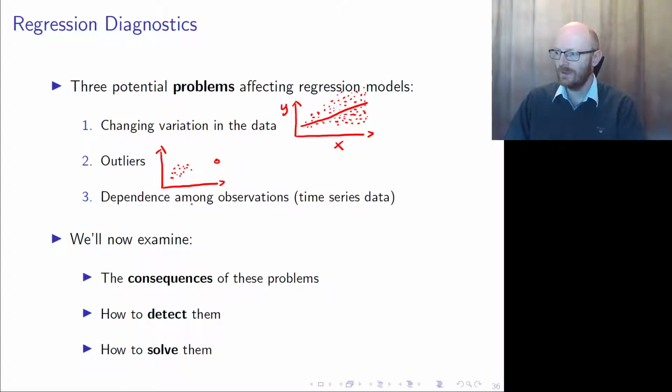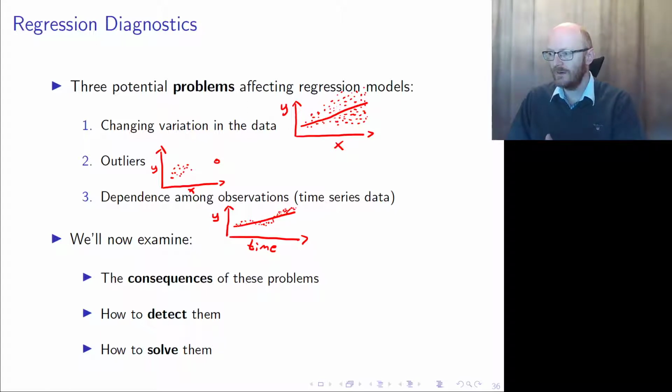And you might have dependence among observations. This is often observed in time series data. You have y and x, but on the x-axis often you have time. Maybe you fit a regression line, but the residuals are not independent.